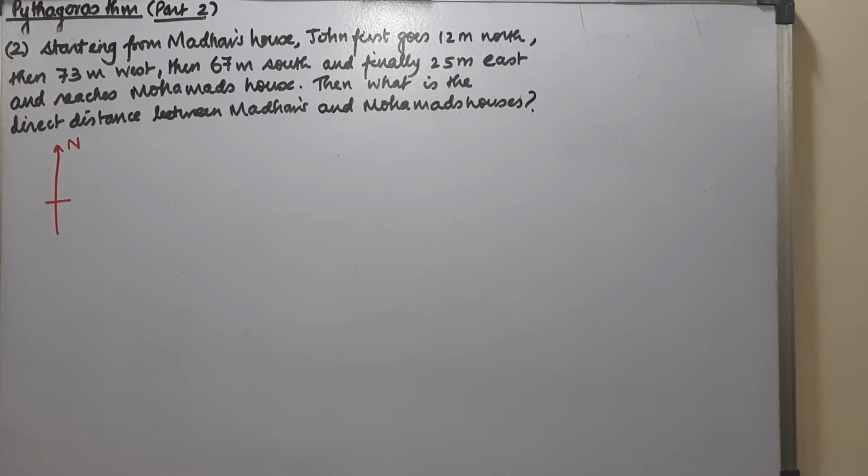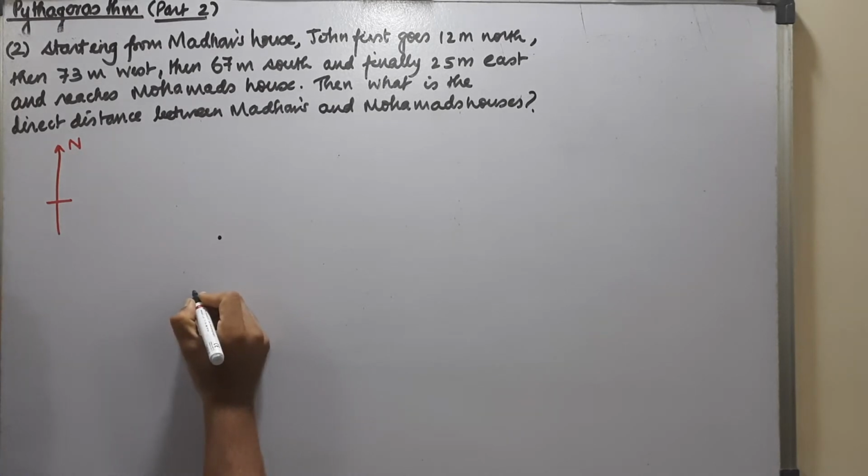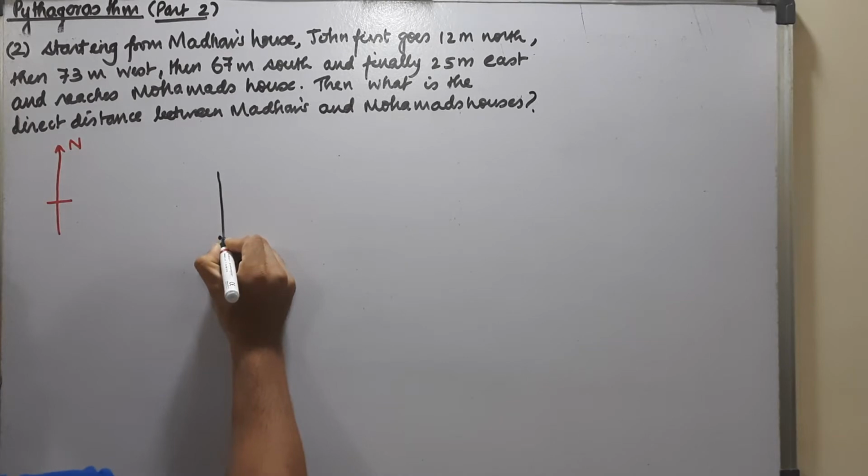Now, what it says is that John first goes 12 meter north. So, starting from Madhav's place, let this be your Madhav's place. From here he goes 12 meters to the north. So, this is your 12 meters.